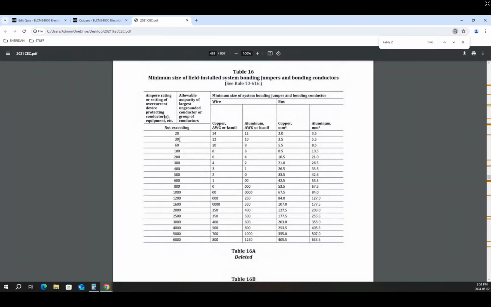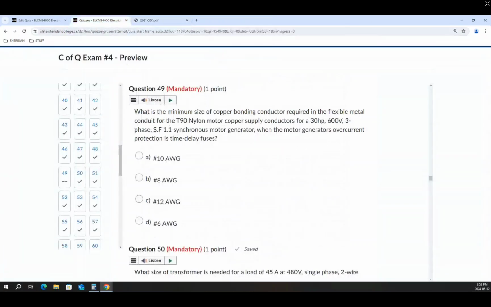Our ungrounded conductor is 32.5, which is a number 10. So we have to go up to 60 here. So then my minimum size of bonding jumper or bonding conductor is a number 10. Oh man. Okay.